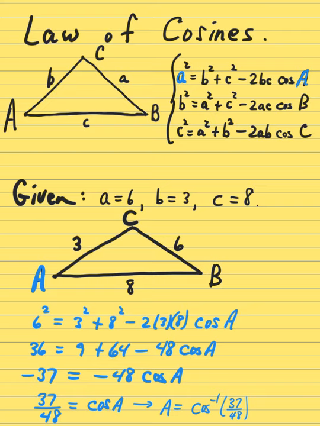Let me check the rounding on here. All right, WebAssign's asking us to round to 2 decimal places, so 39.57 degrees. Okay, I'm going to go ahead and label that.